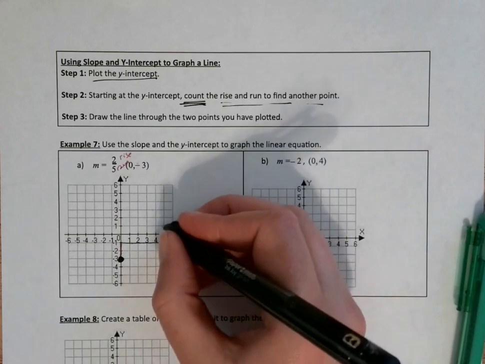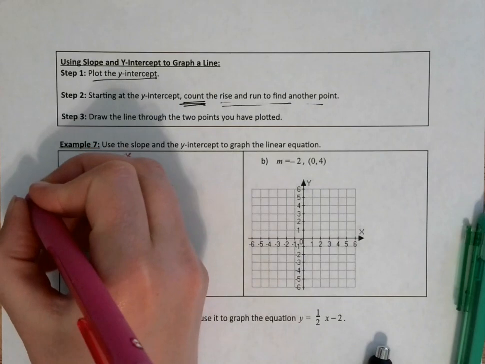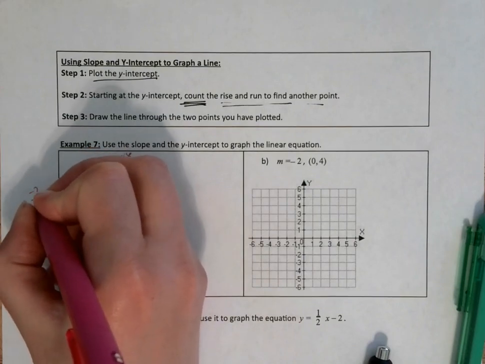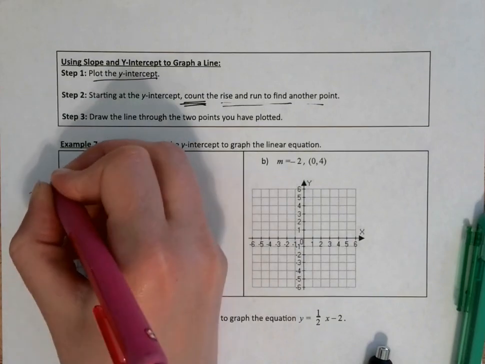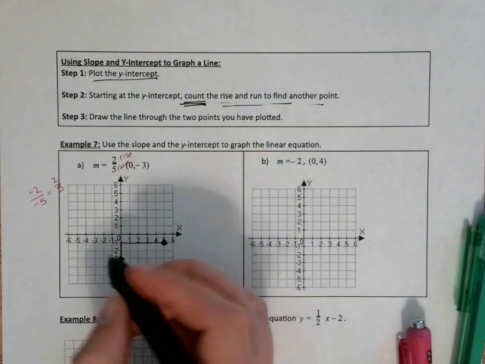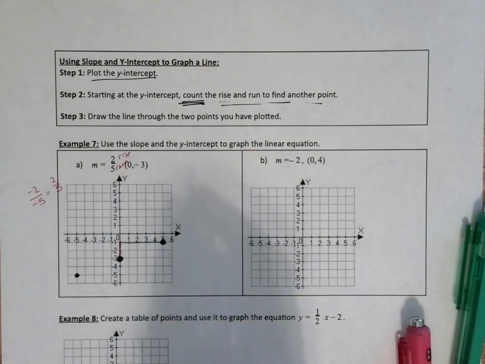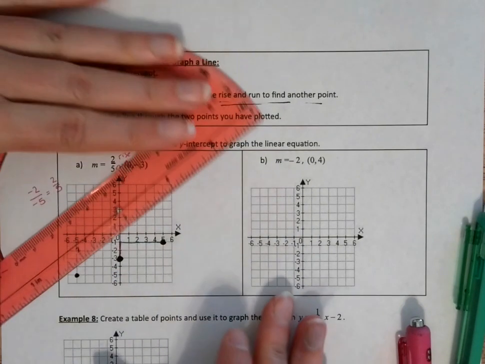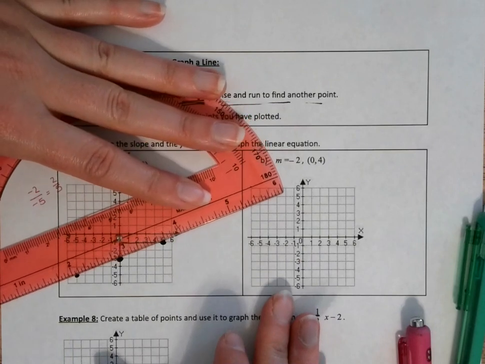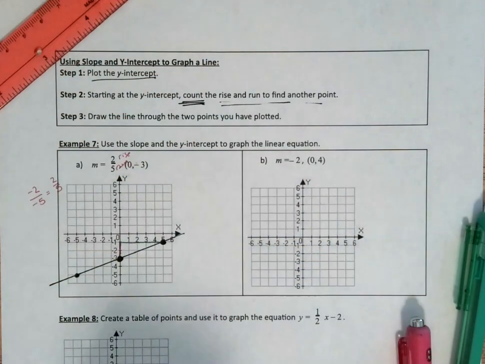I would do it again, but run out of space in this direction, so I also can count down 2, back 5, because you know that 2 negatives are the same as a positive. So I can count down 2, back 5 as well, if I wanted to get a third point so that I can connect more easily. So that's the graph that would have the slope 2/5 with y-intercept 0, negative 3.